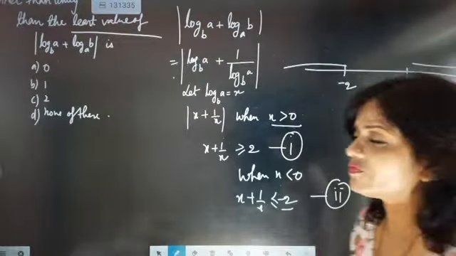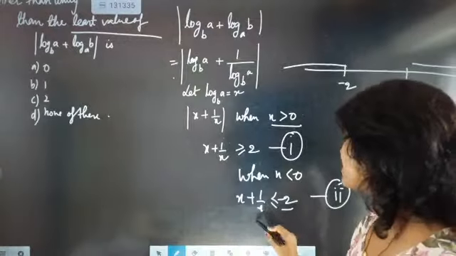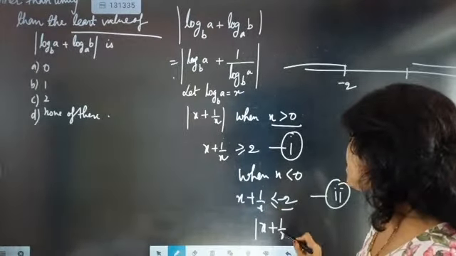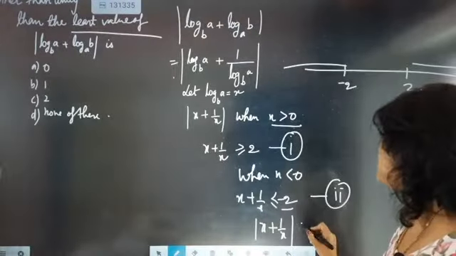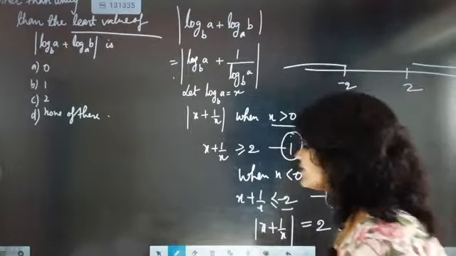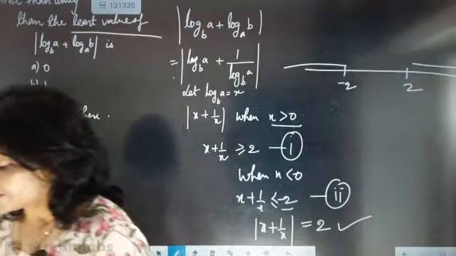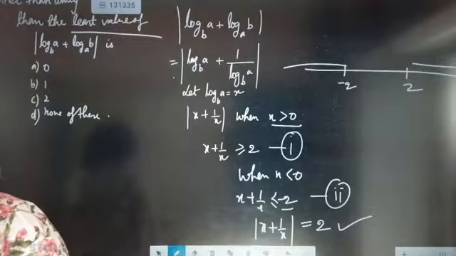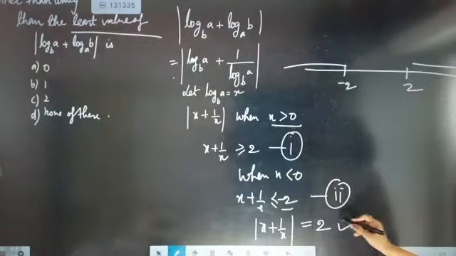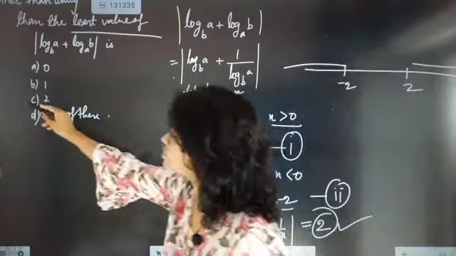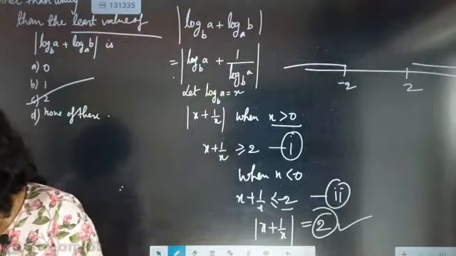So 100% when we limit it, the value of x plus 1 by x will be exactly equal to 2. So either one time less than 2 or one time greater than 2. Once we take the value either less than 2 or greater than 2, the answer will be coming as 2.